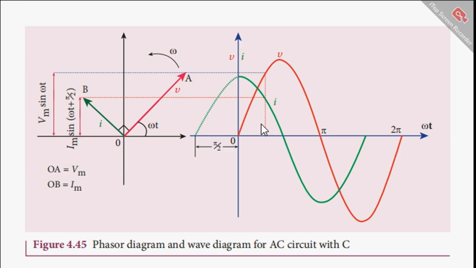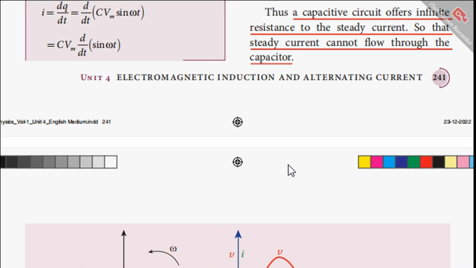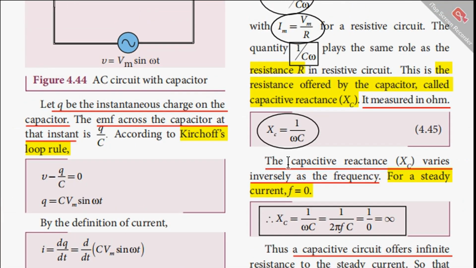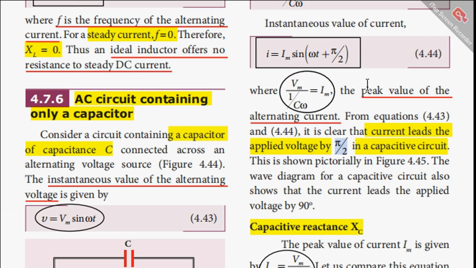In this case, you can see that the voltage increases from 0 to maximum, but the current becomes 0 as the voltage reaches the maximum value. Then only it starts increasing in the opposite direction, which means that the current leads the applied voltage by pi by 2.